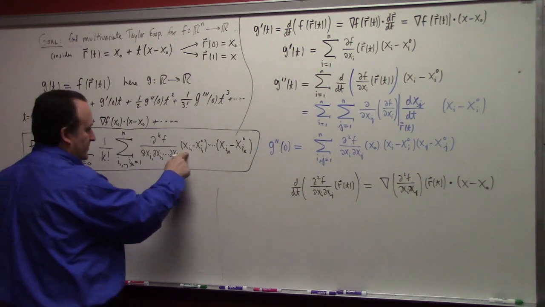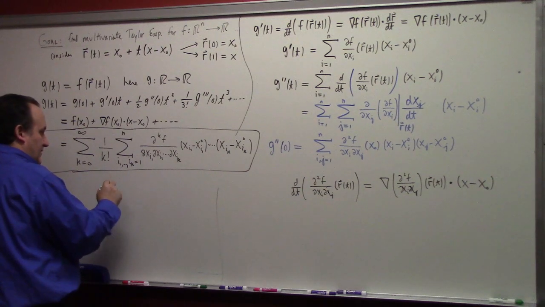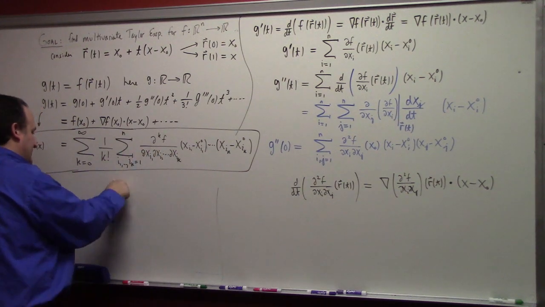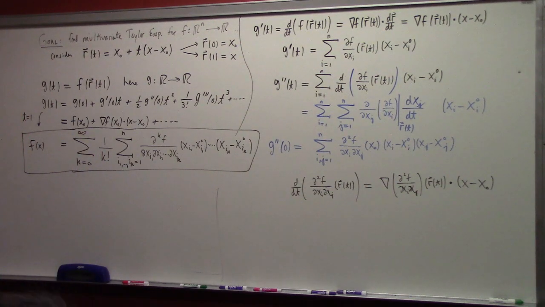And of course, these are x: x_{i1} is a component of x and so forth. So yeah, that's it. It really is just a straightforward consequence of the regular Taylor's theorem and just the chain rule repeatedly.